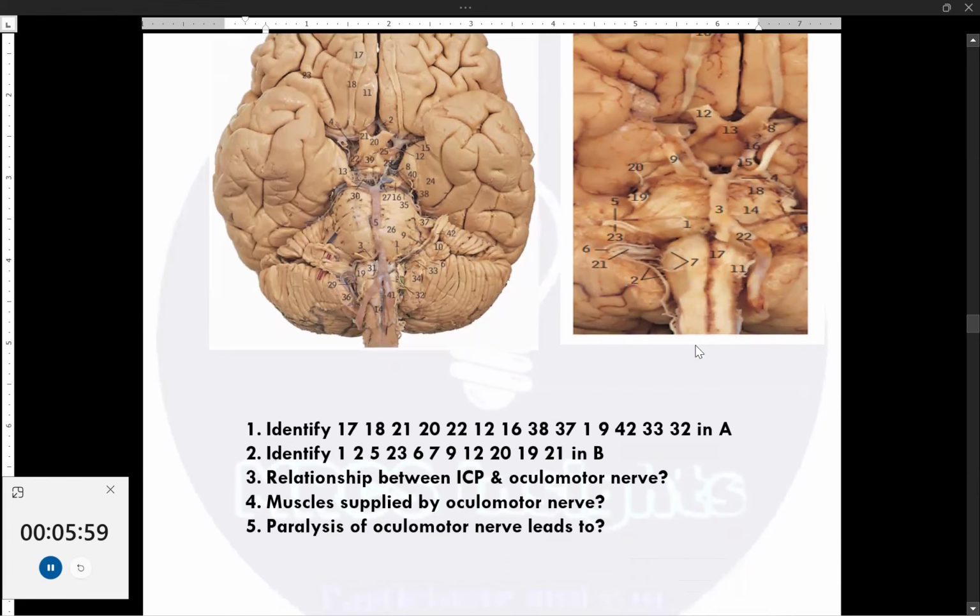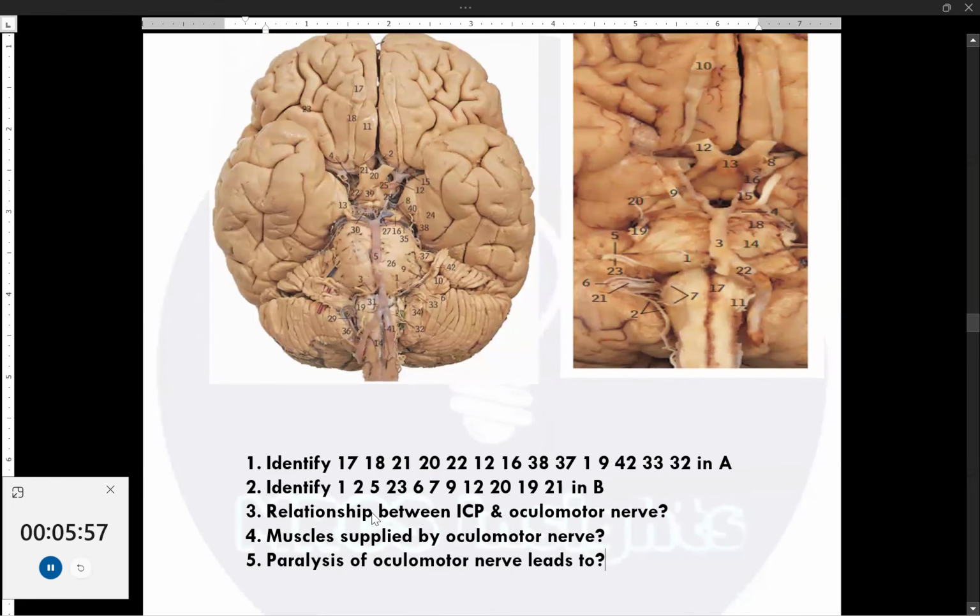Okay. So now tell me, what is the relationship between raised intracranial pressure and the oculomotor nerve? When raised intracranial pressure occurs, initially there is oculomotor nerve ischemia, which will lead to oculomotor nerve paralysis.